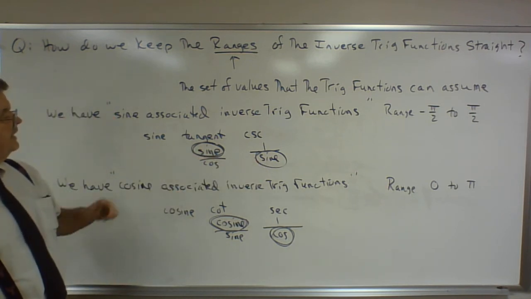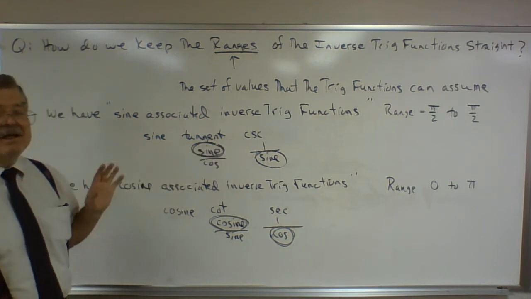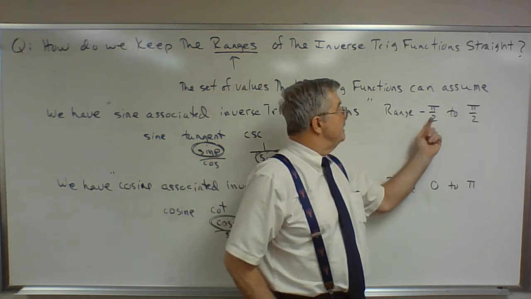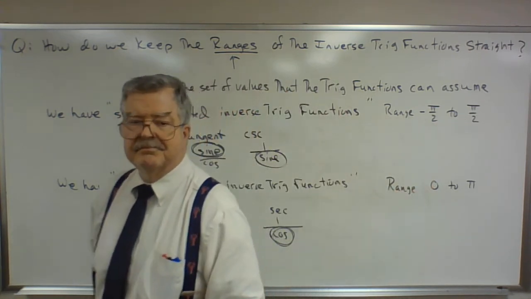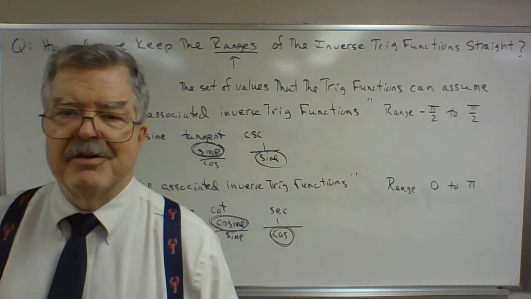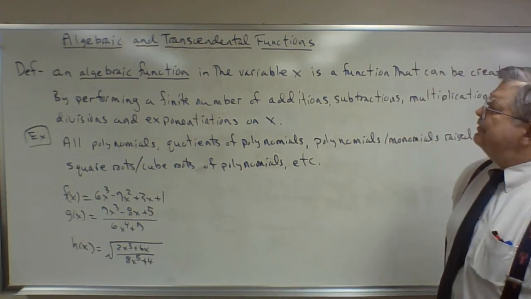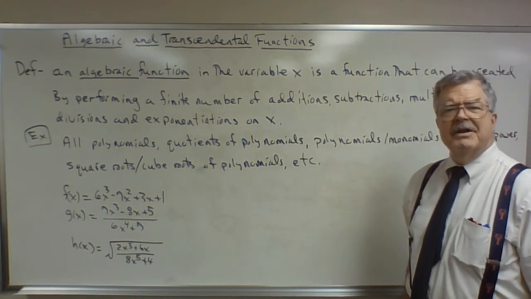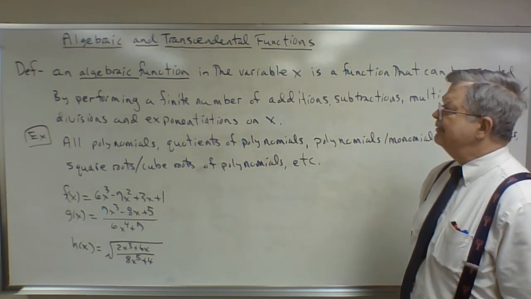And we associate inverse sine, inverse tangent, inverse cosecant with one another as far as having the same range. Negative pi over 2 to pi over 2. Now think about it for a minute or two. Before we proceed further with inverse trig functions, we're going to have to define algebraic and transcendental functions.